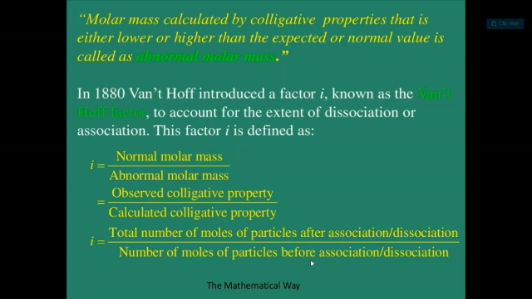To account for this, Van 't Hoff gave a factor, the Van 't Hoff factor, named after the scientist Van 't Hoff. This factor i is defined as i equals normal molar mass upon abnormal molar mass, or observed colligative property upon calculated colligative property, or i equals total number of moles of particles after association or dissociation upon number of moles of particles before association or dissociation.